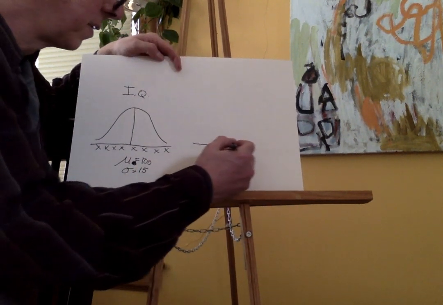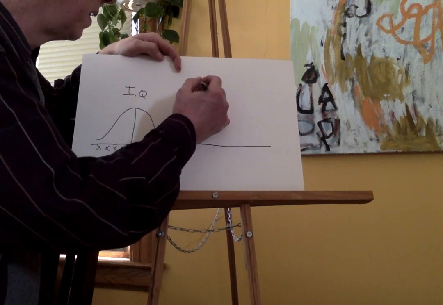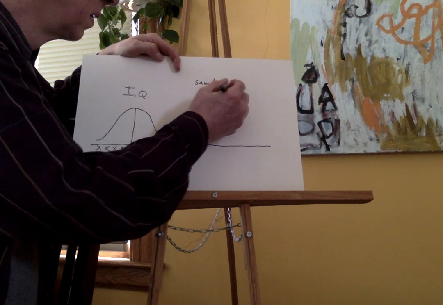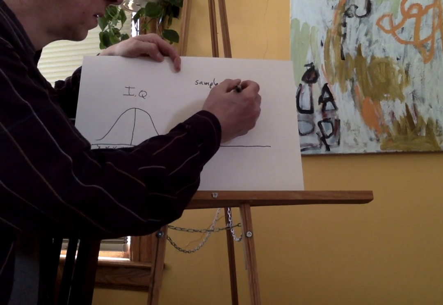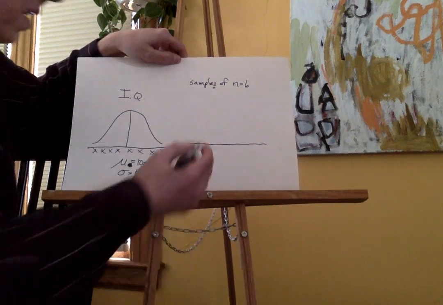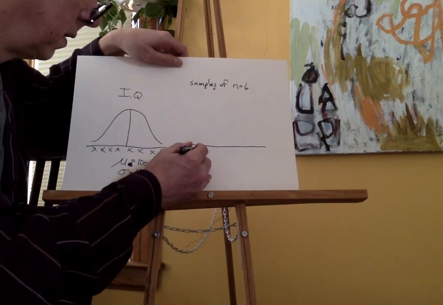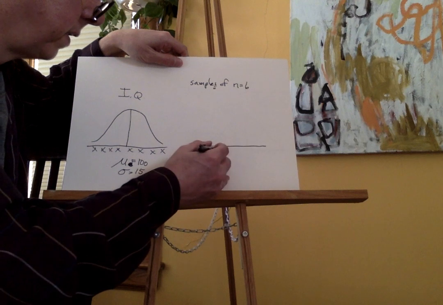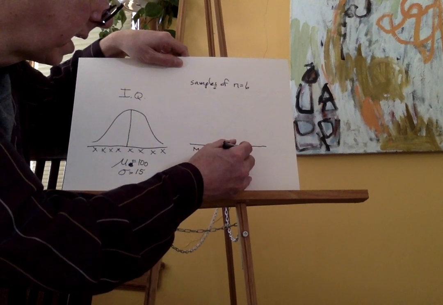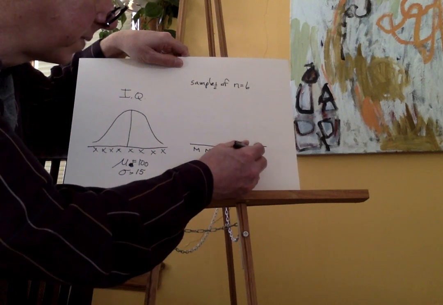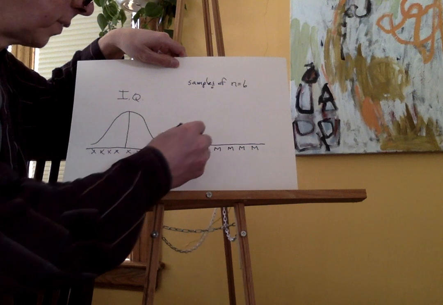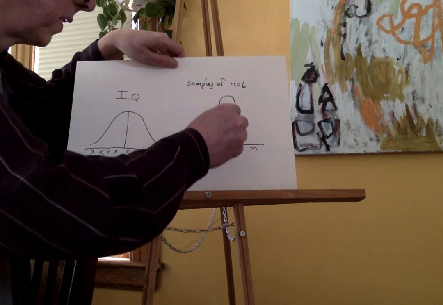Let's look at, again, samples of n equals 6. If we're plotting samples, down here you're going to have M, sample means. Okay, these are not mu's, these are M's. We know that this is going to be less variable, right?